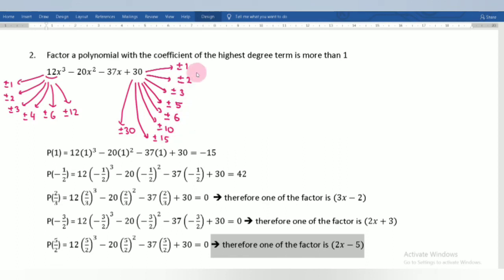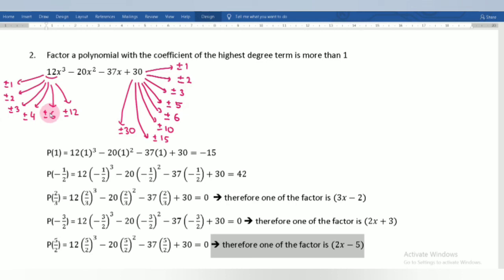But of course, for example, +1 divided by +1 is 1, and +3 divided by +3 is also 1. So you notice that you don't have to check another 1 in the polynomial, right? We have already searched for 1, so skip it. Or for example, we have already searched negative half here, therefore you can skip it if you find negative 3 divided by positive 6, which is also negative half.